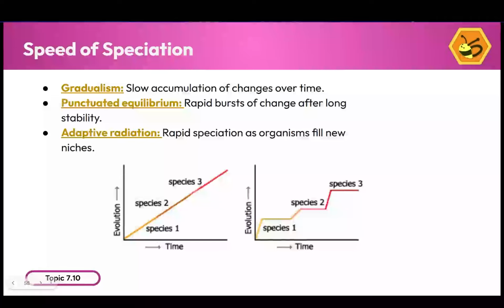So the rapid burst in this case would be the right graph. The more accurate one is punctuated equilibrium. And back to your question, is a linear graph adaptive? Well, no, punctuated equilibrium would be more adaptive because it occurs in rapid bursts.